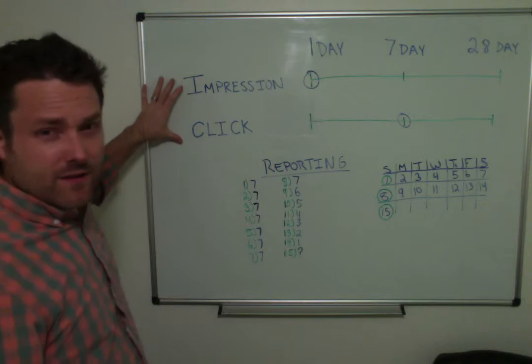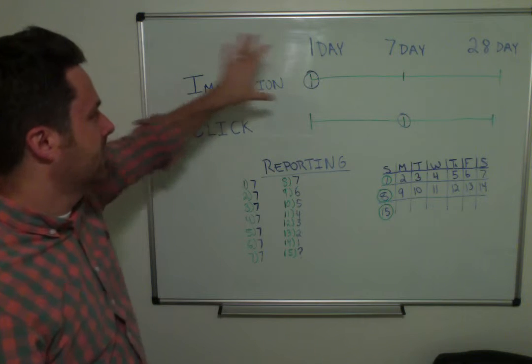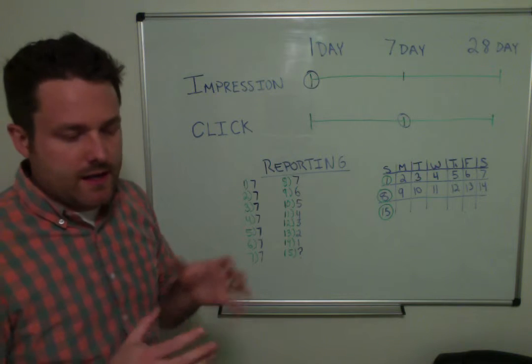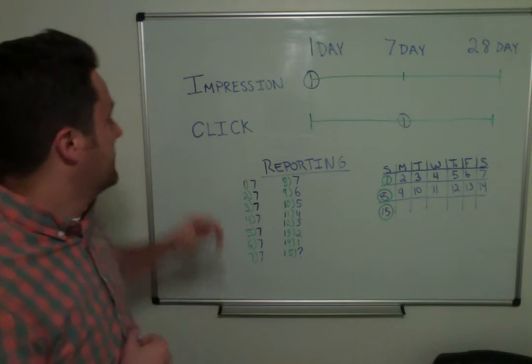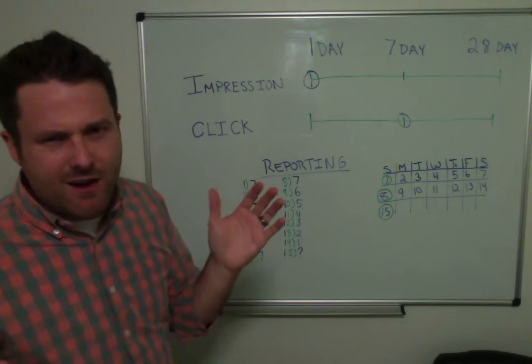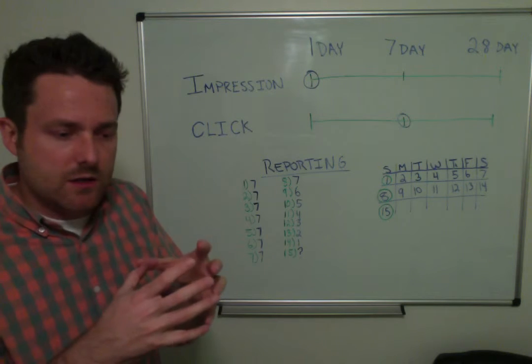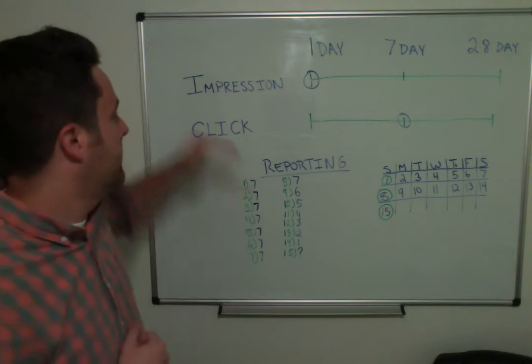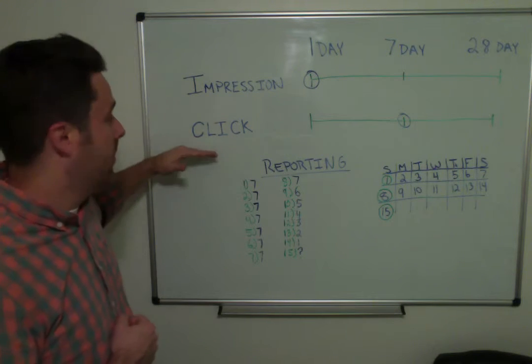So here you have the outline of the options that you can choose within Facebook, within Ads Manager. There's more than 100 different metrics you can choose, but how those metrics are referenced are all based on either an impression or on a click.